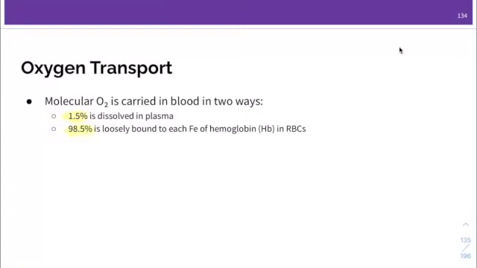The majority of it is bound to hemoglobin. Fe stands for iron. So the oxygen is bound to the iron on hemoglobin. And each hemoglobin can carry 4 oxygen molecules on the red blood cell.